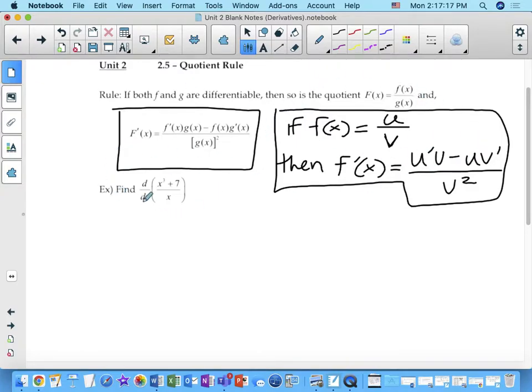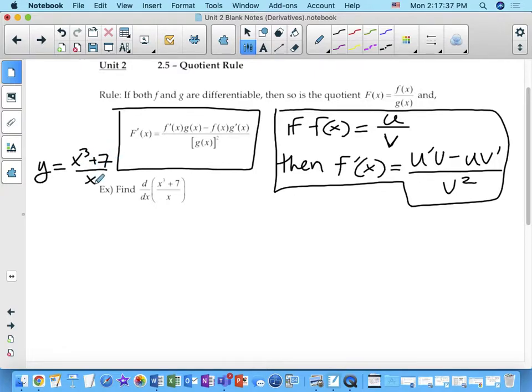Okay, so find d by dx of x cubed plus 7 over x. And by the way, this notation, some of you have asked me about this before. The line that would come before this is that y equals x cubed plus 7 over x.